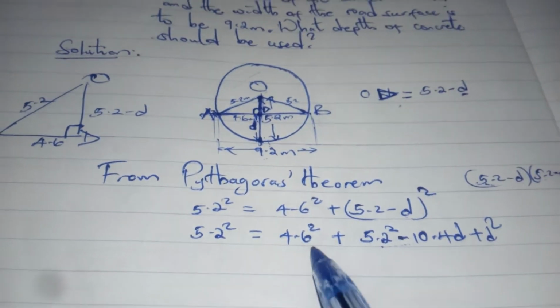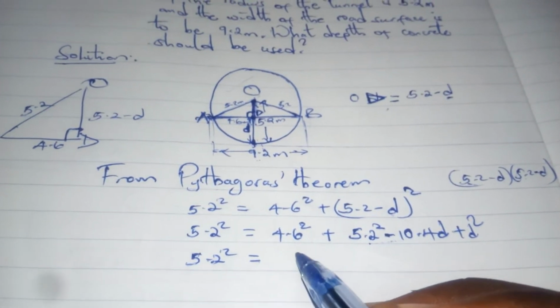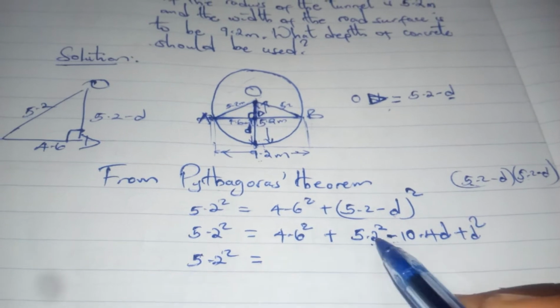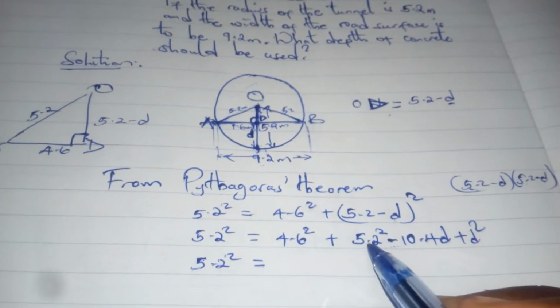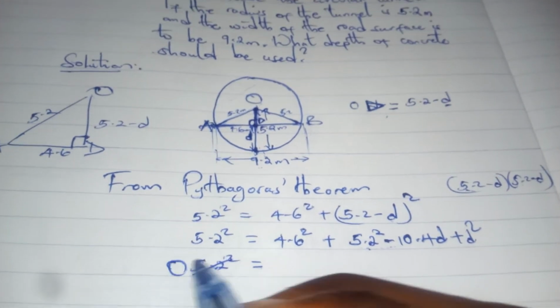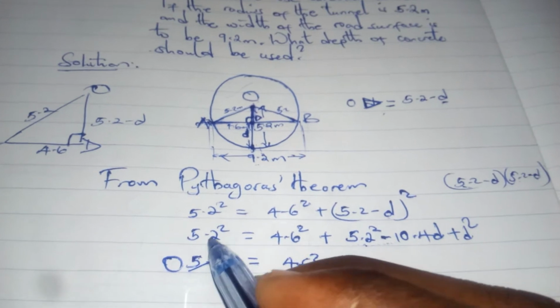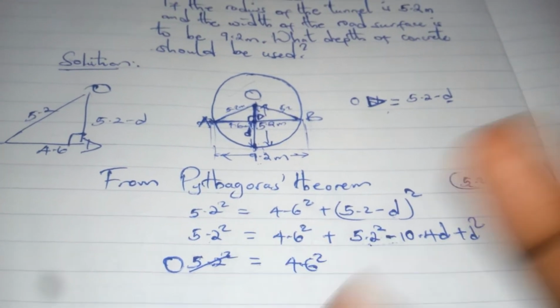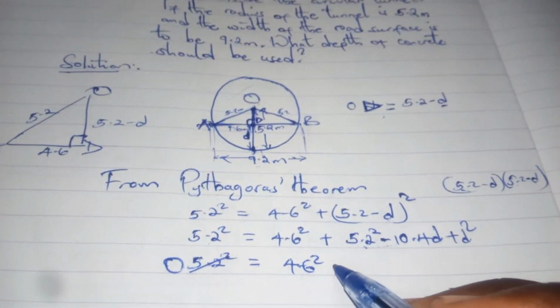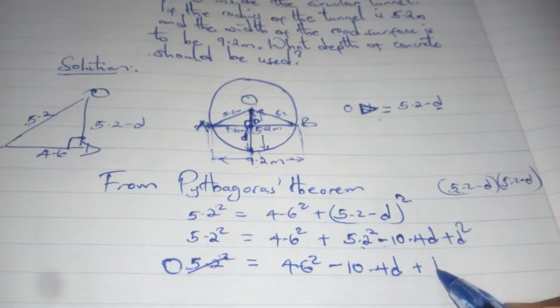So here we're going to have 5.2 squared equals, if you subtract 5.2 squared on both sides, 0 will be equal to 4.6 squared, because that will go with that. When you subtract on both sides, it will just vanish. Then minus 10.4 D plus D squared.